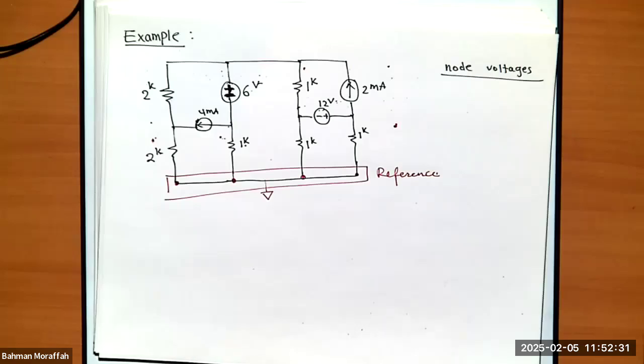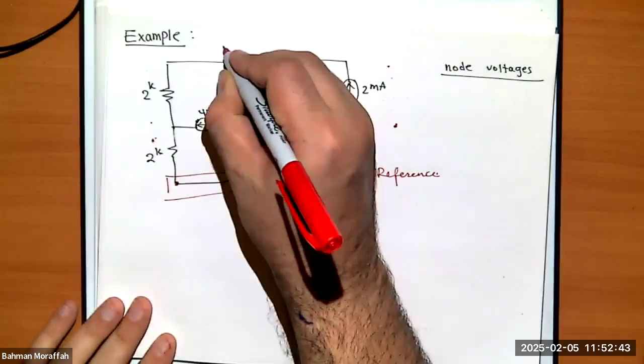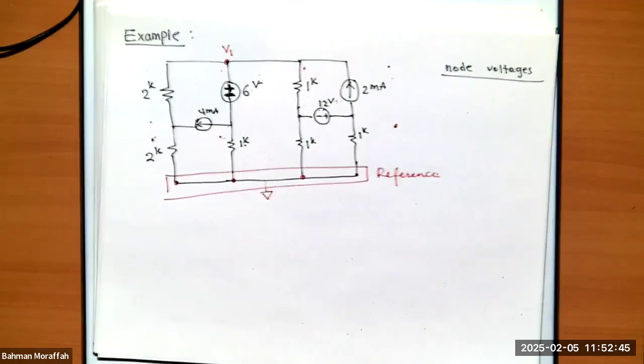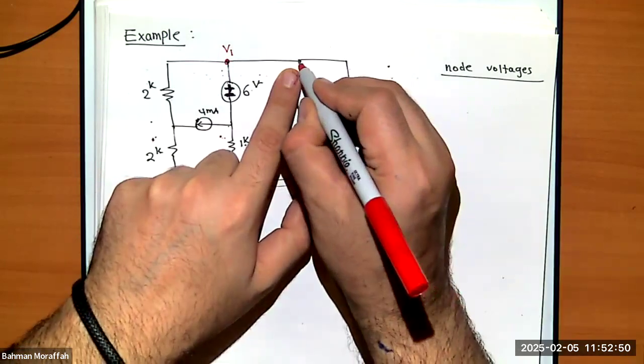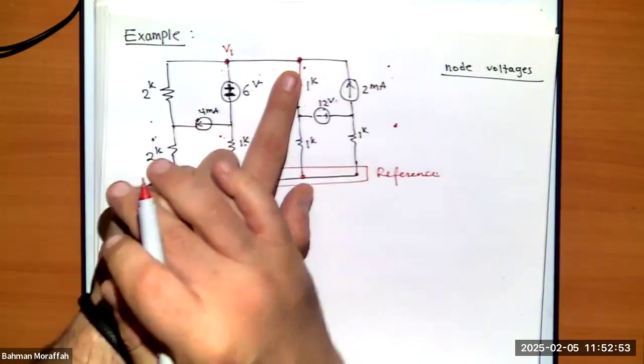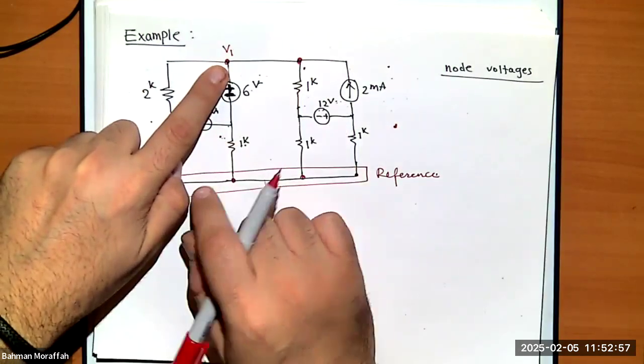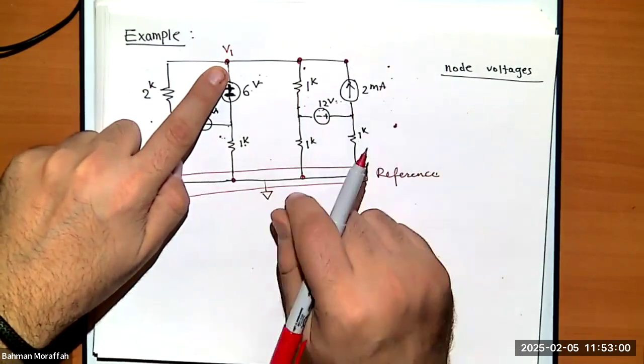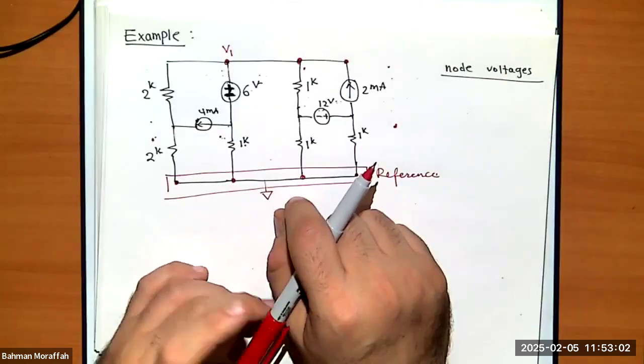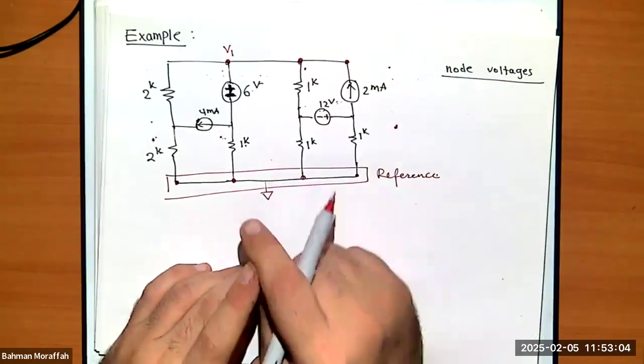What is the second step? Label them, name them. Do you agree this one up here is a node? That is a node. That's not the reference. How about this guy? Is this a new node? It's exactly the same as V1 because there's no potential difference here. How about this guy? Still no, because there is a wire there.